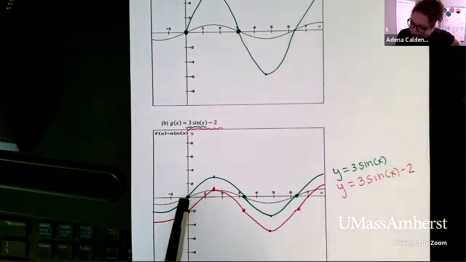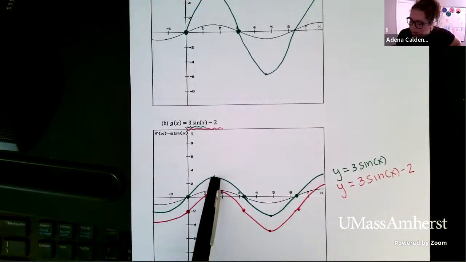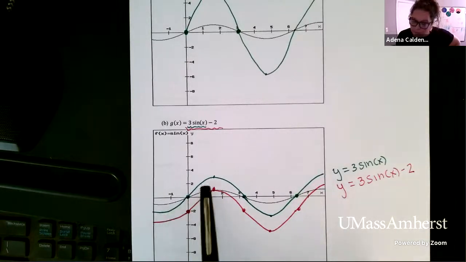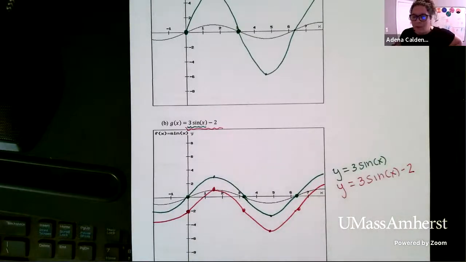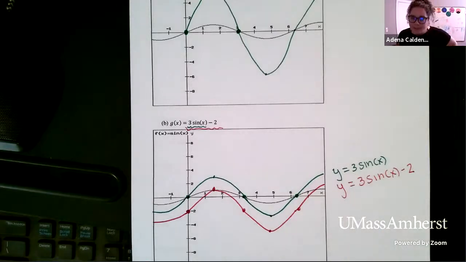Everywhere that there was a 0, I moved it down to -2, and I drew in a dot. And then at my peaks, I also drew in the dot. And that gave me the map to draw this 3 sine x - 2. So you can see that there's a difference of 2 units the entire time underneath the 3 sine x graph. So I moved it down by 2 after I stretched it by 3. Okay, so that's what that one looks like.